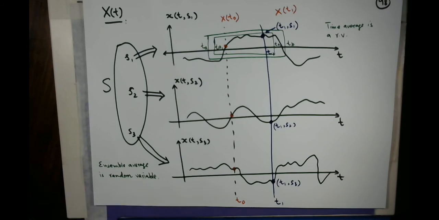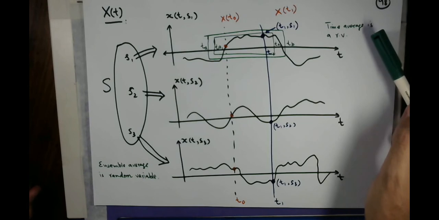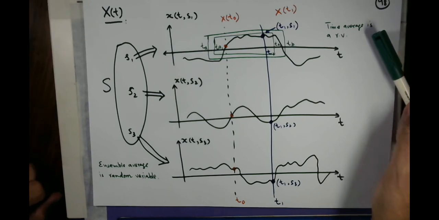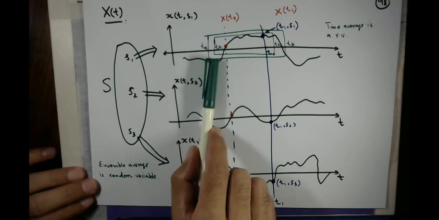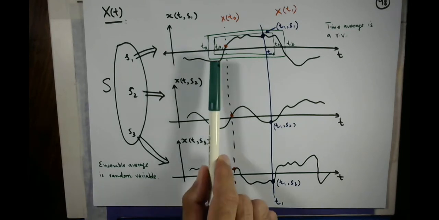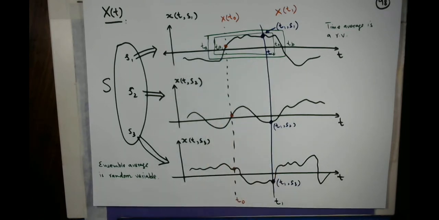The other kind of average in a stochastic process is the time average. Time average is simply an average taken over a time. My second important question was, is time average a constant or a random variable? If we fix the time interval, we get some average value.